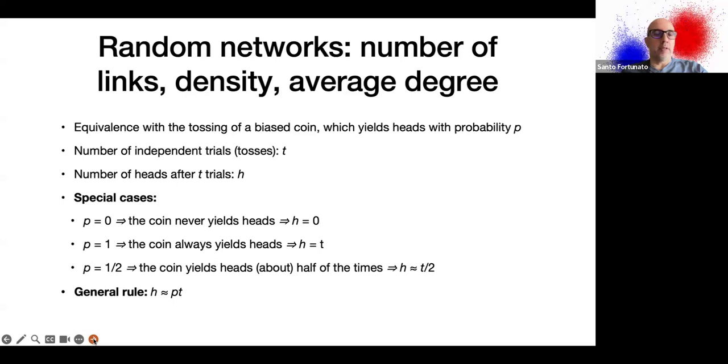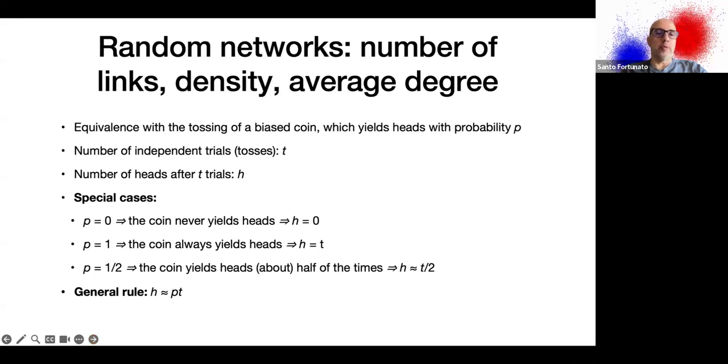And the other half of the time, instead, you're going to get tails. So the general rule is that the number of successful trials, so the number of heads, is going to be simply the product p times t. So this is what you learn from coin tossing.